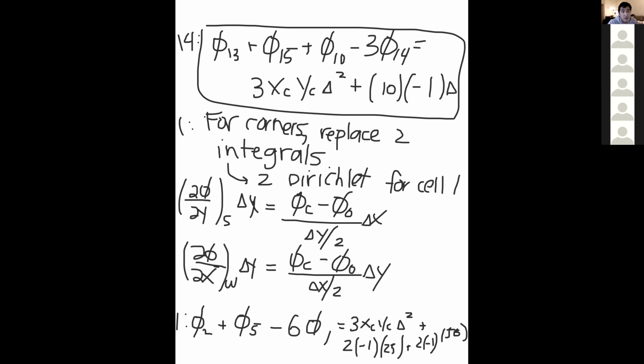Piggybacking off what you just said, if we had a Dirichlet and a Neumann like corner 13, when we bring it to the other side, it would be plus 2 times negative 1 times 50. And then since we're on the north, it'd be plus 2 times gamma times delta.